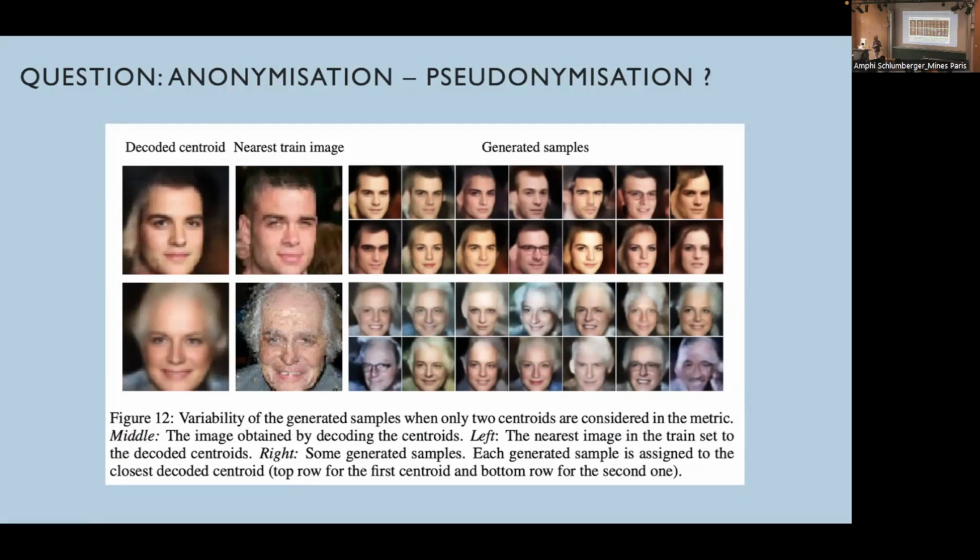I have this image, this centroid in my metric. I sample around this, and this is what I produce. And are you able as a human being to tell me this is this guy? Knowing that this guy is in the data set.